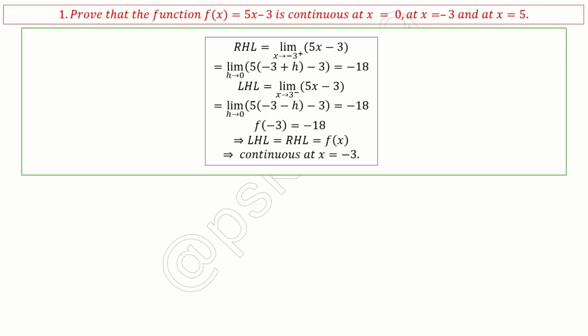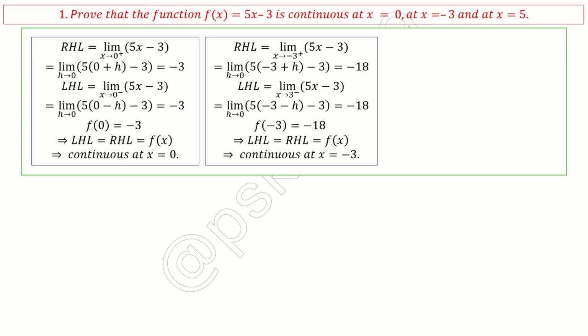Let's take x equal to 0. At x equal to 0, RHL equals limit x tends to 0 plus of 5x minus 3. If I substitute x equal to 0 plus h, limit h tends to 0, then x is 0 plus h, so 5 times 0 plus h, minus 3.